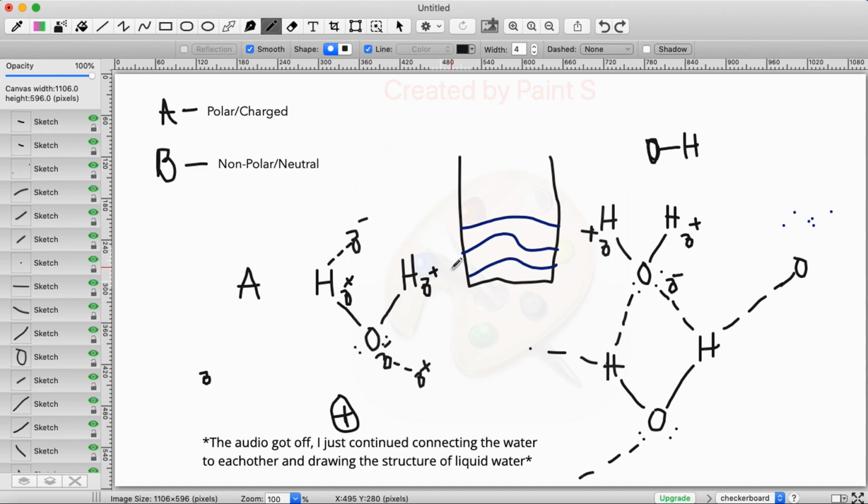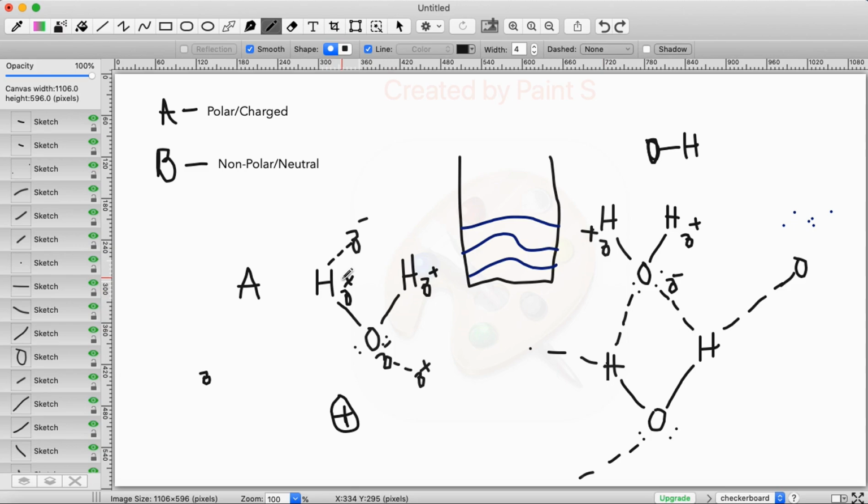But because the partial positive and partial negative of oxygen and hydrogen is such a strong thing, they give it a special name. They call it hydrogen bonding. It's also important because water is such a strong thing that we felt we had to give the interaction between water molecules a special name. So we gave that as hydrogen bonding.